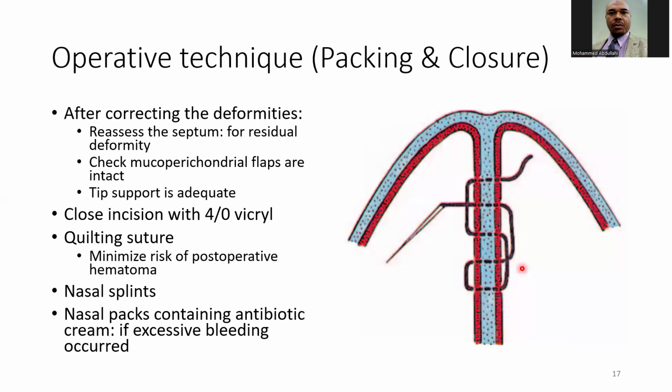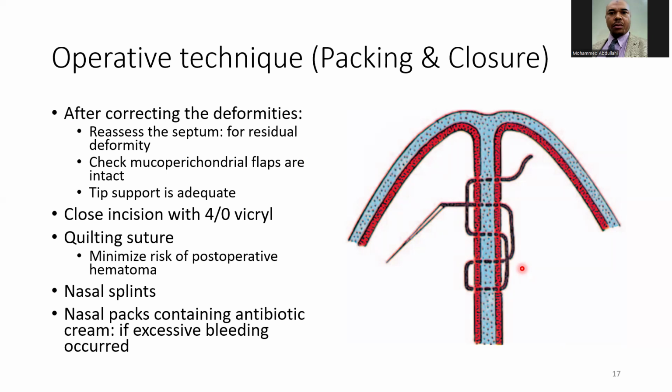Now, after correcting the deformities, it is very important to reassess the septum for any residual deformity, to check the mucoperiosteal flap for whether it's intact, and whether the tip support is adequate. If all are okay, then the incisions can be closed with 4-0 Vicryl.